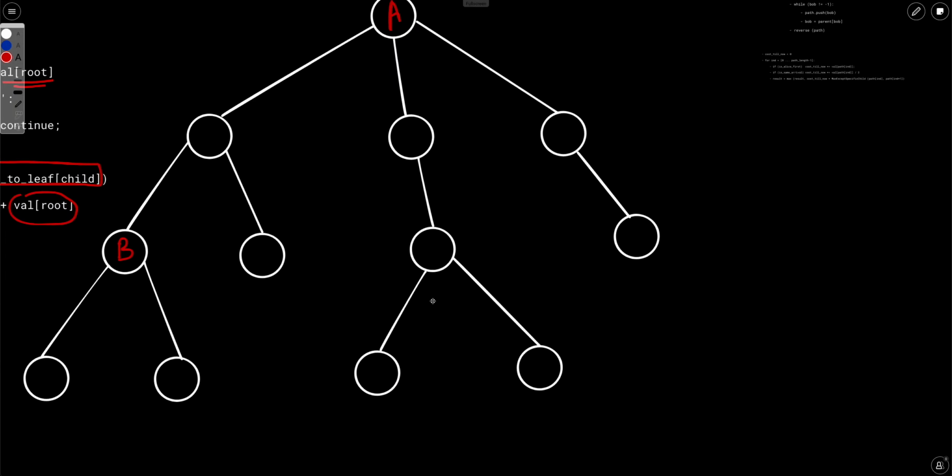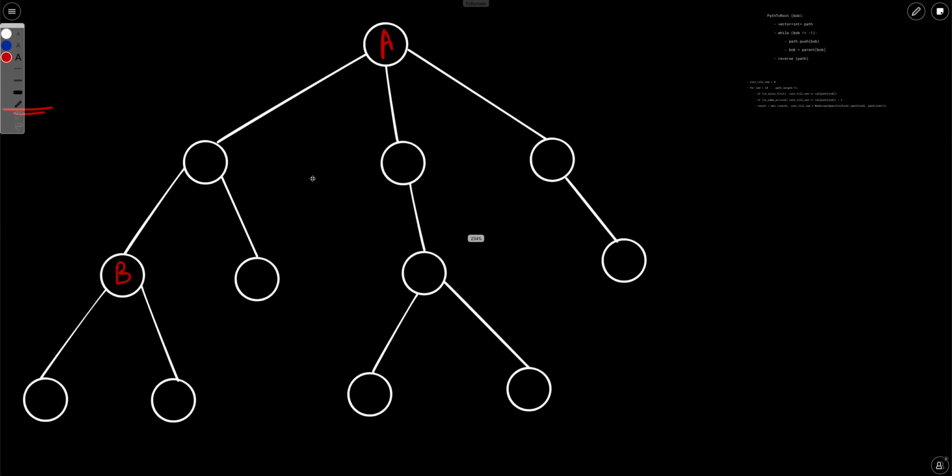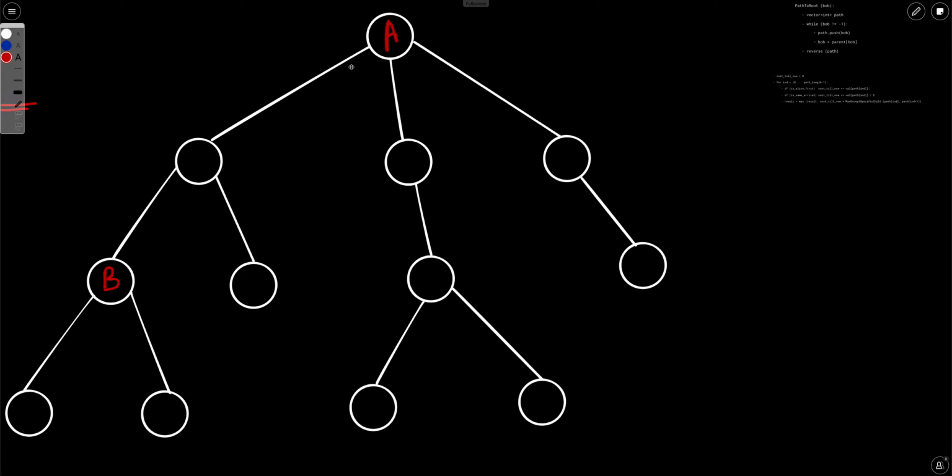So let's say, okay, let's remove some of this stuff. Okay, now let's say Alice was there, and we already know the value of each of these nodes: what will be the maximum possible path to a leaf if we start from a particular node x.